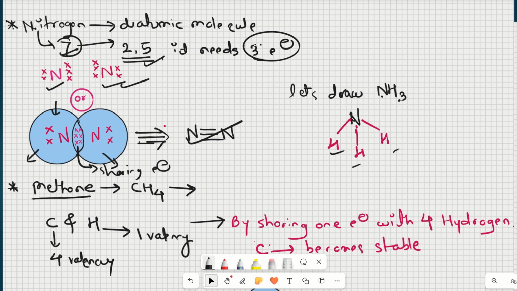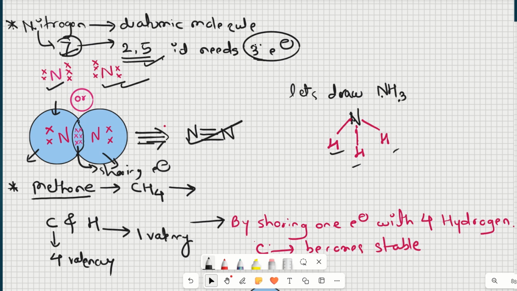But we know it should complete the octet rule, with 8 electrons in its last orbit, and the number of electrons in the last orbit shows the element's valency. So from this structure, oxygen needs 2 electrons to complete the octet.